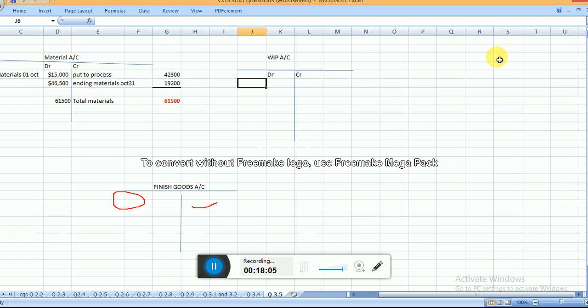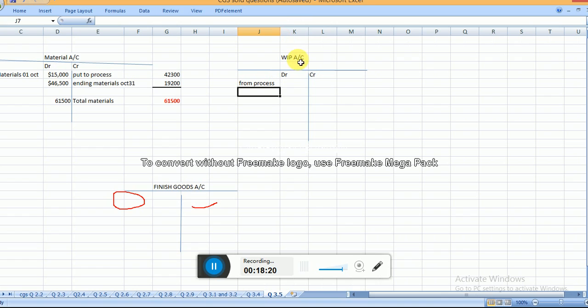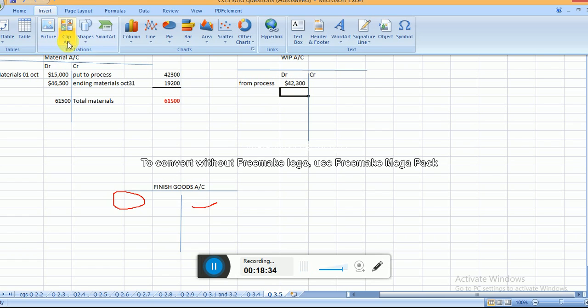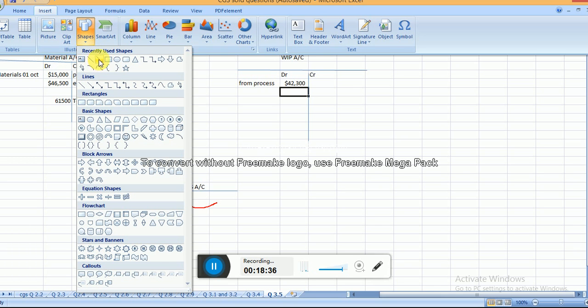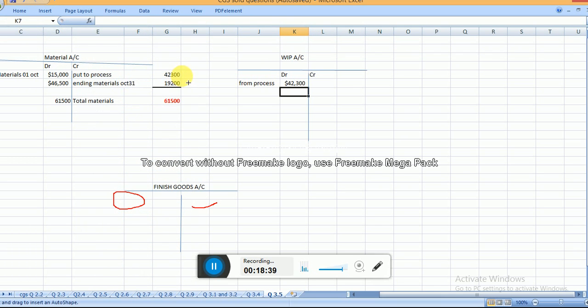So in work in process account from process, how much materials come? The 42,300 materials that come. Look, from the materials, these material issued from here and these come here.